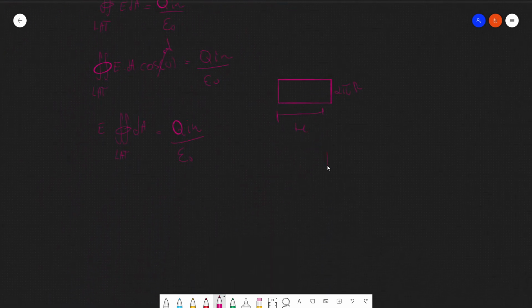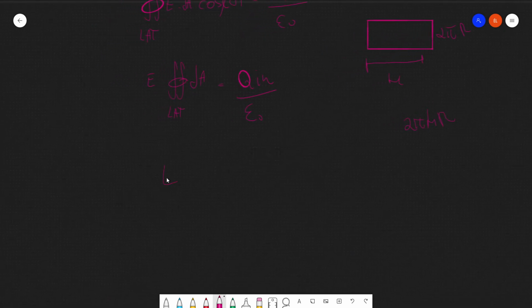So the area is just 2 pi H R. So E times 2 pi H R equals Q in over epsilon 0, so E equals Q in over epsilon 0 times 2 pi H R.